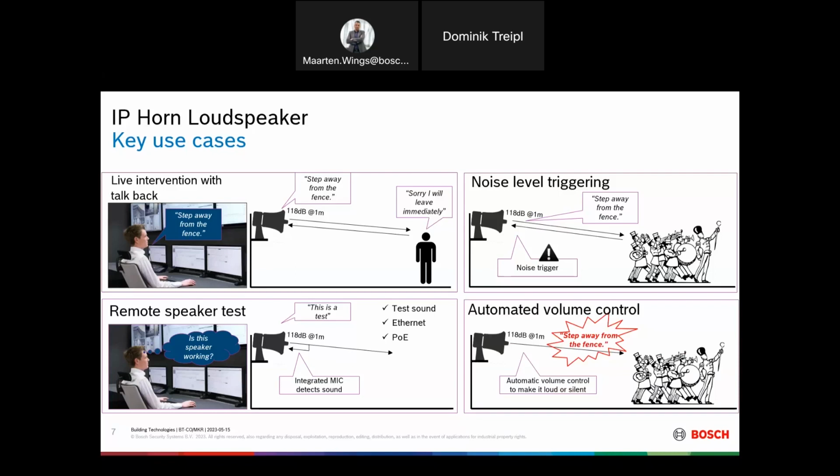The noise level will be significantly higher when the train is rolling in compared to the time that it is actually quiet at the platform. So in both of the cases, you need to have another noise level or sound level being produced by the speaker. So there is the integrated microphone in the speaker, which measures the ambient noise level. If the ambient noise level is increasing, then also the sound produced by the speaker is increasing to ensure that the speaker is still being heard.